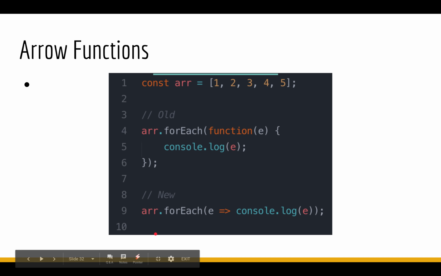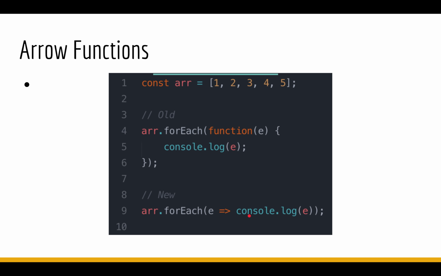And so with the new style, we can pass it in like this, just arr.forEach, e is the parameter, and then we're using the parameter in the console.log, and this is an implicit return here, which is why we don't have any curly brackets. You can also have curly brackets and have an explicit return with arrow functions, but in this example, we don't really care about what is being returned, and so this is fine.